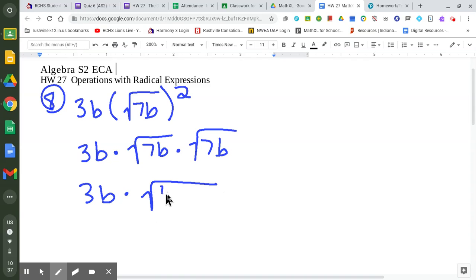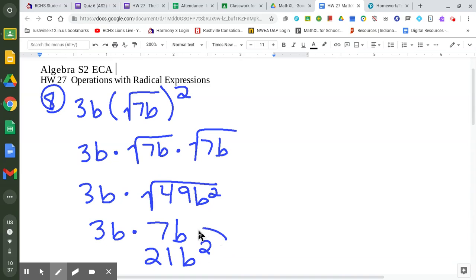So 7 times 7 is 49. B times b is b squared. Well, the square root of 49 is 7, and the square root of b squared is b. So then now I have to multiply those together, and I get 21b squared as my answer.